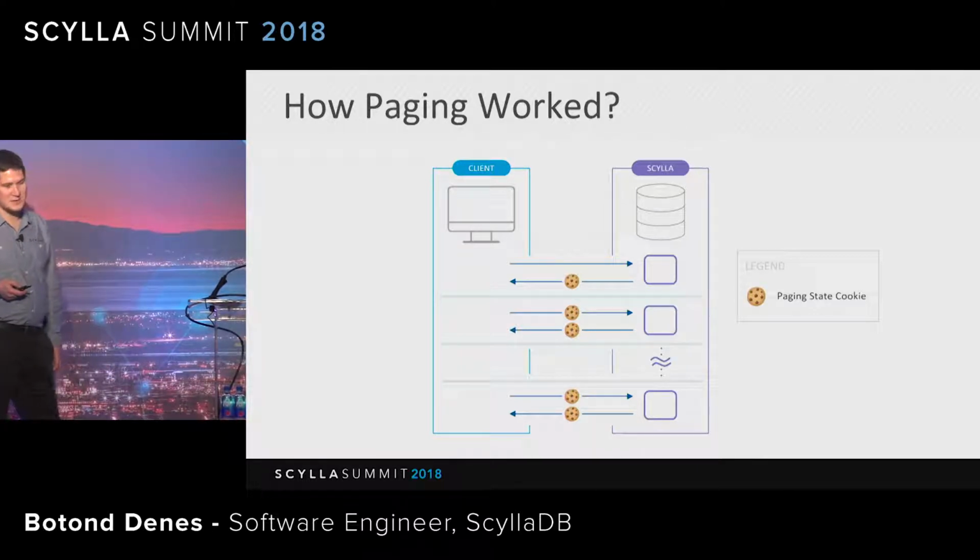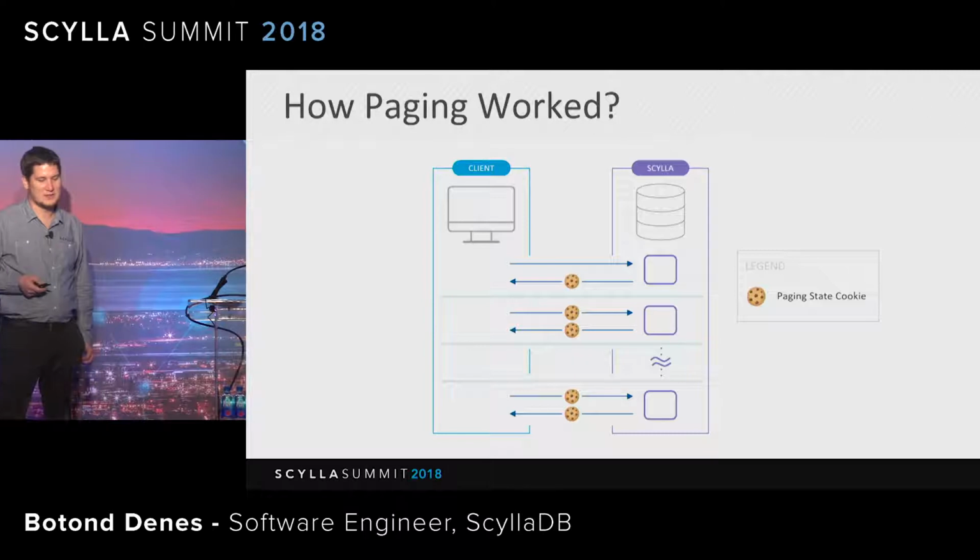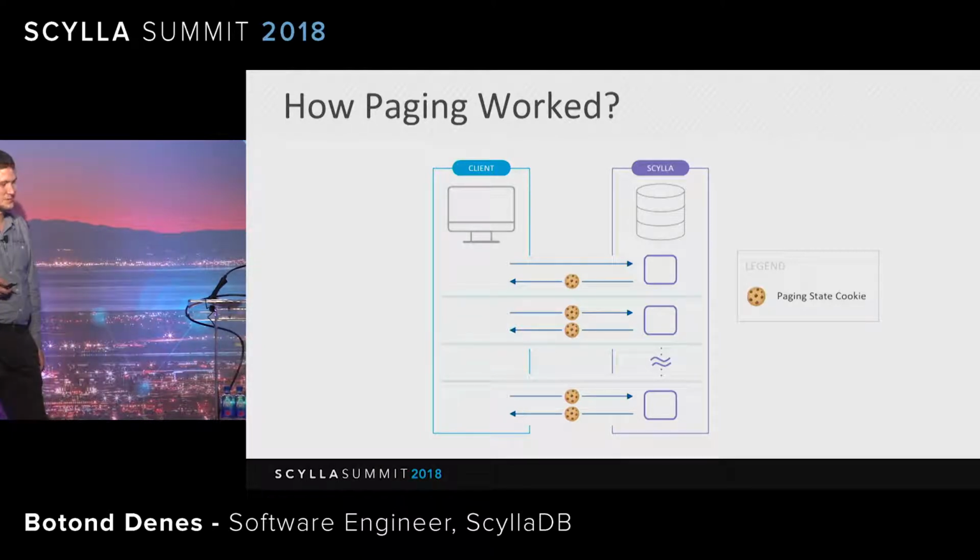This allows certain flexibility for the server in the implementation of paging. What Scylla used to store in this was just enough information to know where to continue the query from on the next page. That is, it stored the last partition key and the last clustering key, if it was the case. Scylla itself didn't store any state whatsoever.